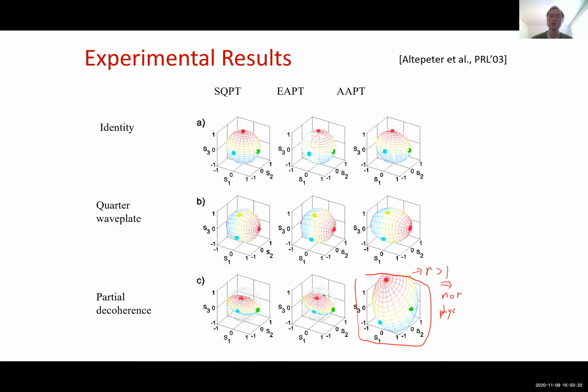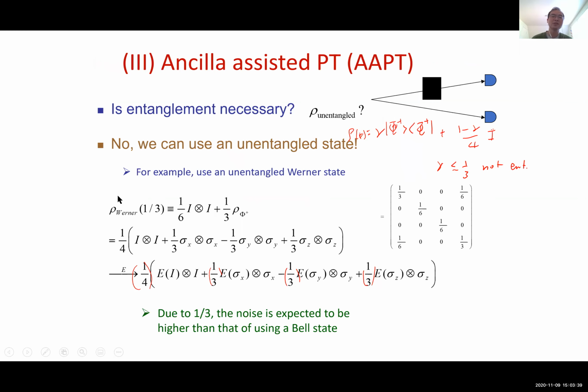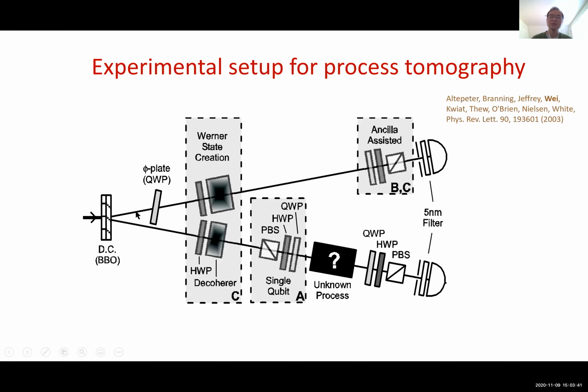This is related to the question by Wayne Han: the way the decoherence is induced is actually using the same degree of freedom as we generate the so-called Werner state in this setup.